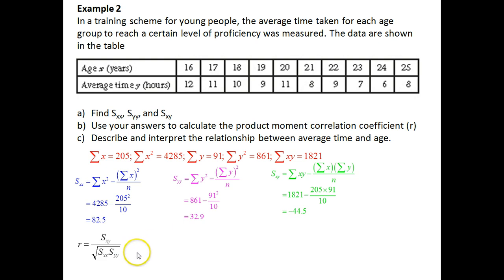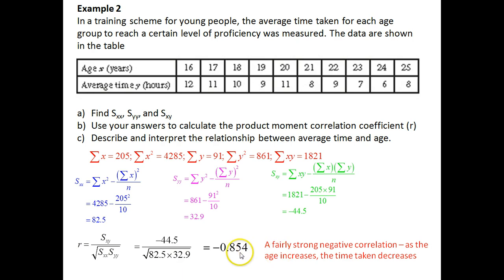Therefore, our product moment correlation coefficient gives us minus 44.5 divided by the square root of 82.5 multiplied by 32.9, and we get minus 0.854 as the correlation coefficient. It's a negative correlation, so we have a fairly strong correlation of minus 0.85. As the age increases, the time taken decreases.